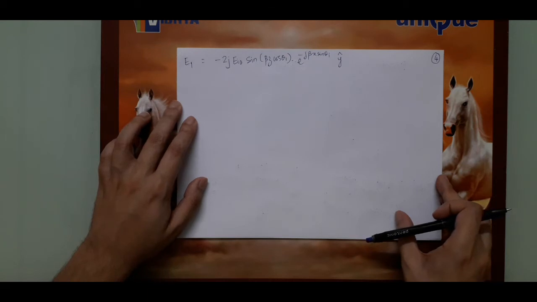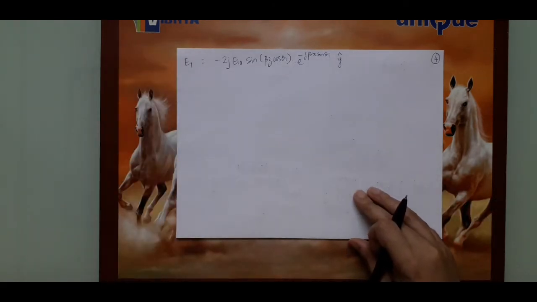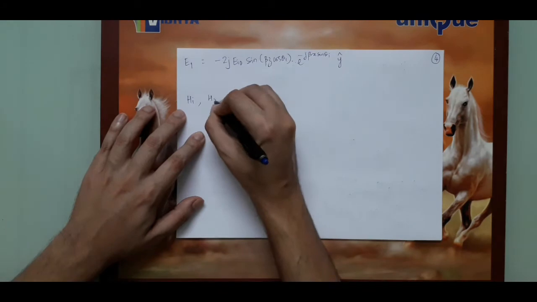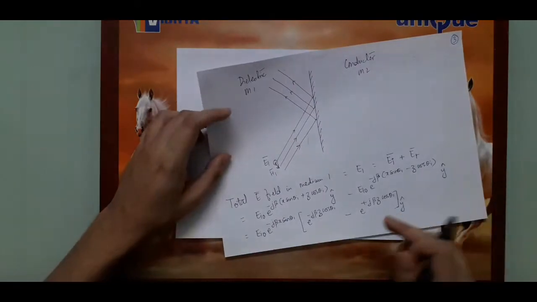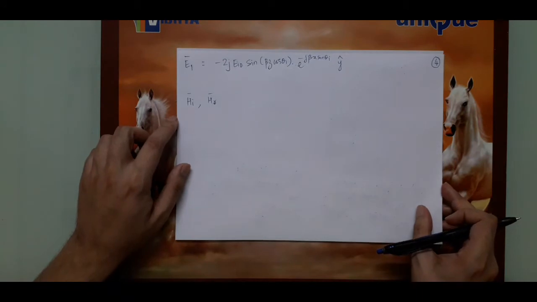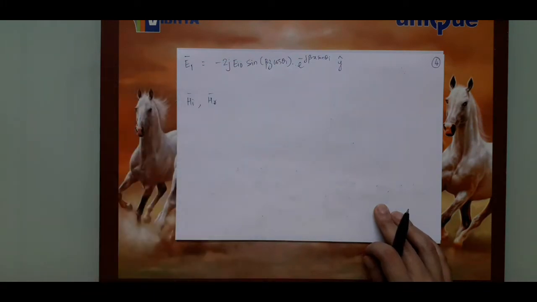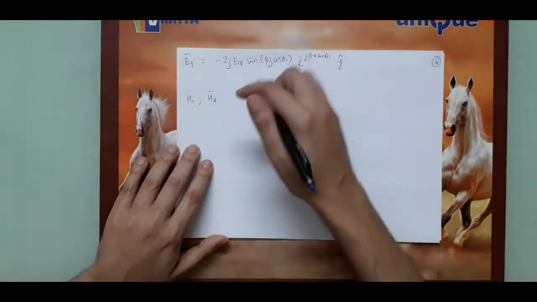Now, just like how we have written for the E field, I can also write the HI and HR vectors for medium 1. So this is E1 bar. Do not forget the vector notation. I can write HI and HR in a pretty similar way to how we analyzed the vertical polarization earlier.